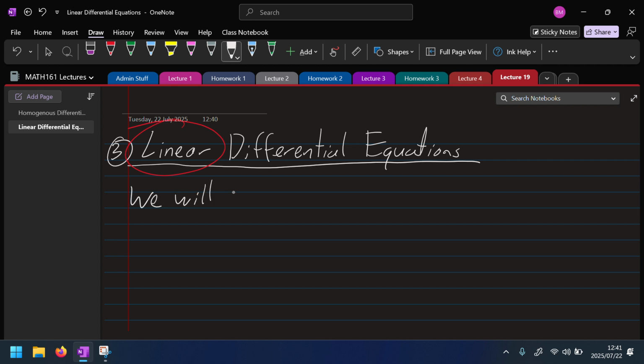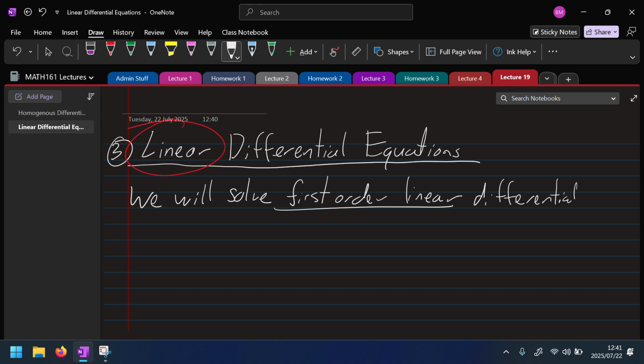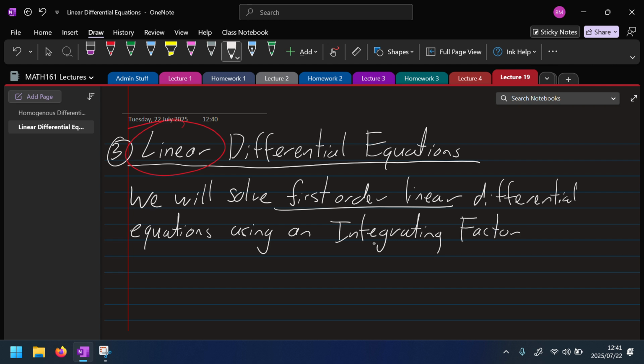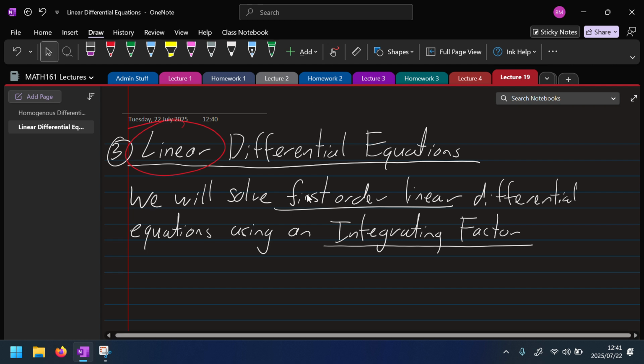Okay, so we will solve first order linear differential equations using an integrating factor. What do these first order linear differential equations look like?